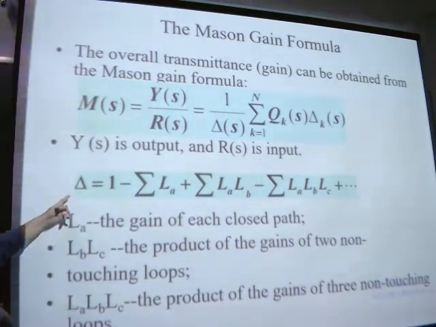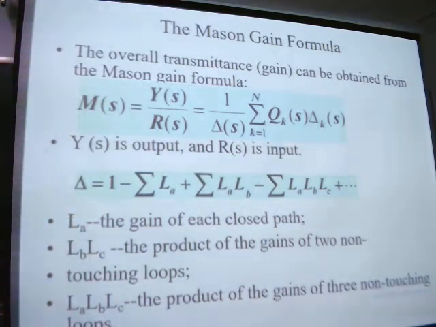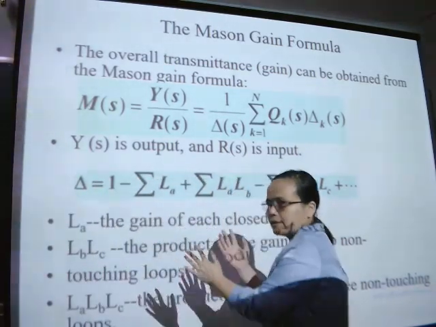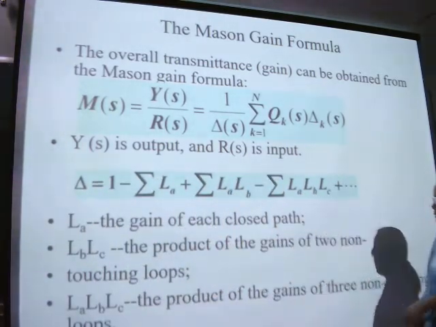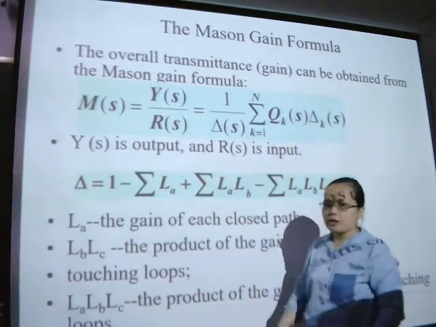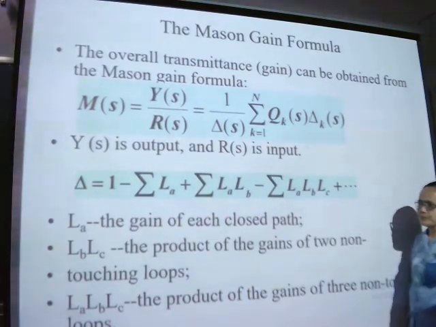Delta equals 1 minus sum of LA plus sum of LA LB minus sum of LA LB LC plus. You can see it here, with the signs alternating: first minus, second plus, then minus, plus.